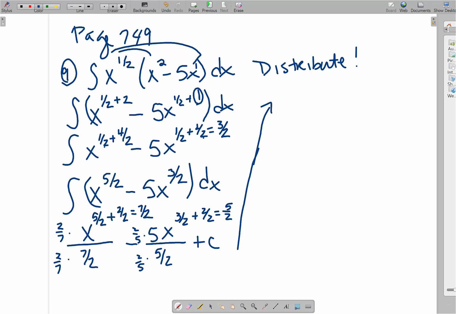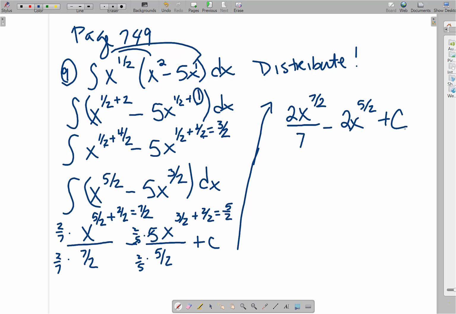So in the first one, I would have 2x to the 7/2 divided by 7 minus, the 5's cancel, and I would have 2x to the 5/2 plus c. And that, believe it or not, is your answer. Strange as that looks, that is your answer.